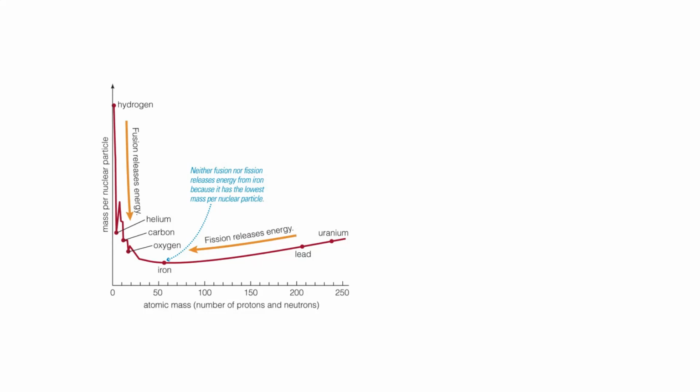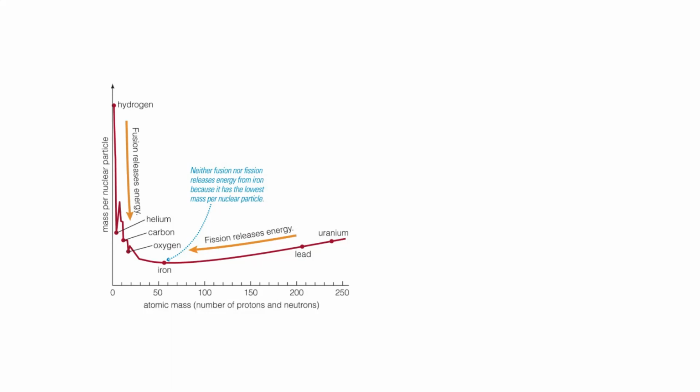Okay, so if you take one hydrogen atom and you compare it to a helium atom, or if you're looking at 4 hydrogen atoms for every 1 helium atom, the 4 hydrogen atoms that will eventually convert into the helium have more mass.